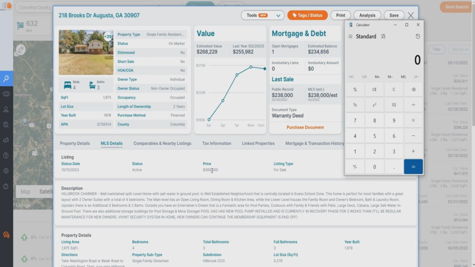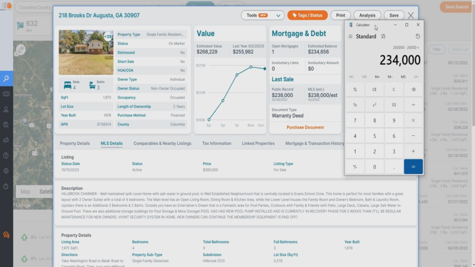If you were to give the seller $26,000 up front, so let's take 260 minus 26,000, that puts us at 234. The estimated loan balance is also 234, which means the seller is receiving all of their equity at closing.